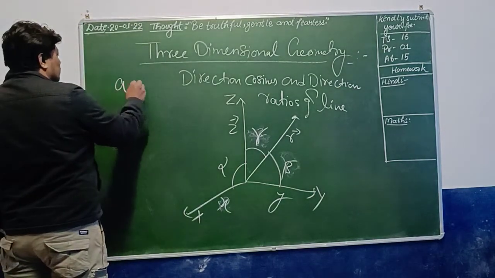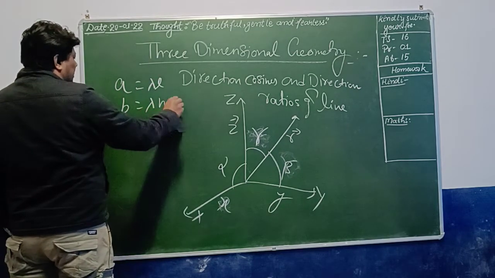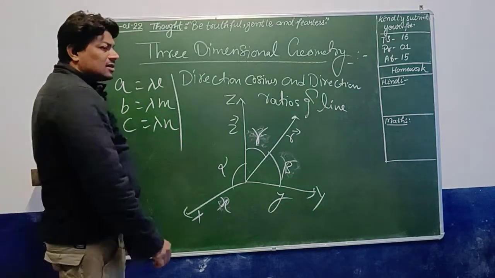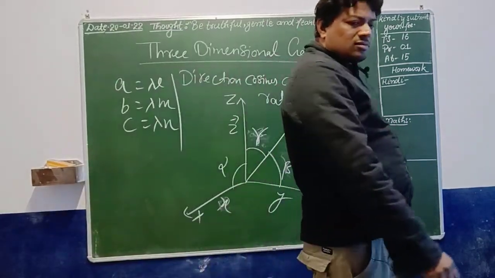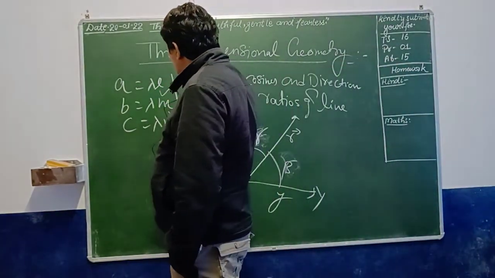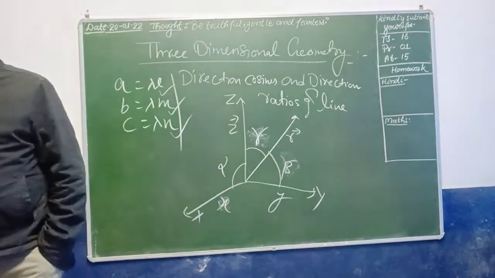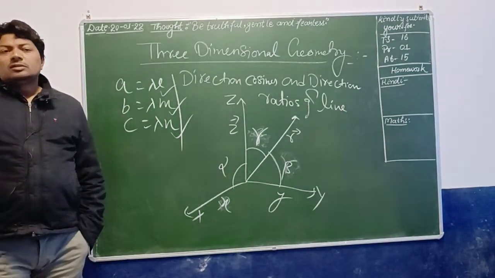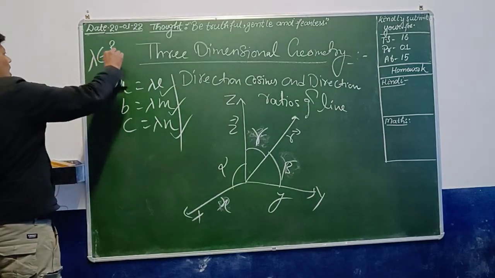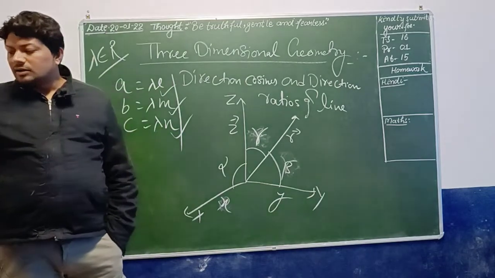A equals lambda L, B equals lambda M, C equals lambda N. Is it clear? Where lambda belongs to R. Clear?